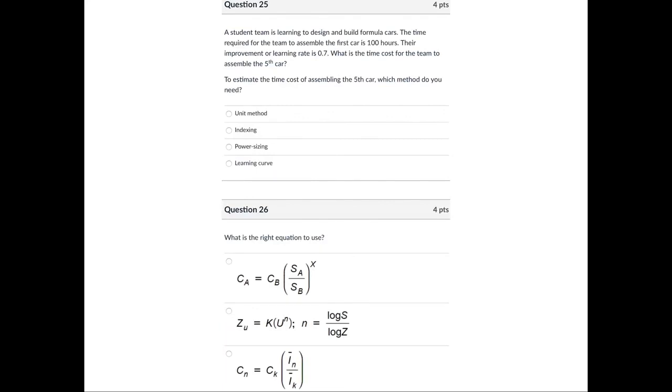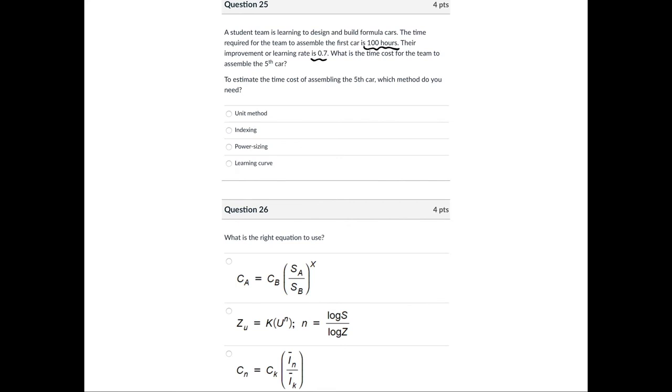Next question. Okay, now we have a student team. The team is learning to design and build Formula cars. The time required for the team to assemble the first car is 100 hours, and their improvement or learning rate is 0.7. So what is the time cost for the team to assemble the fifth car?